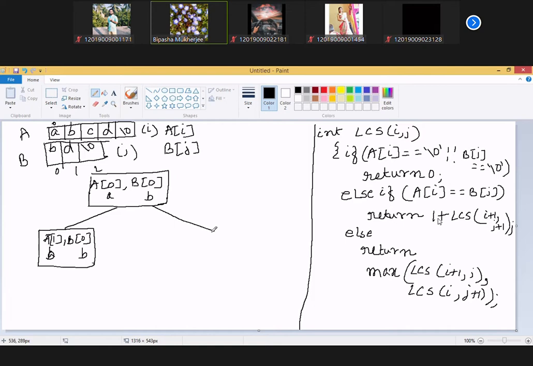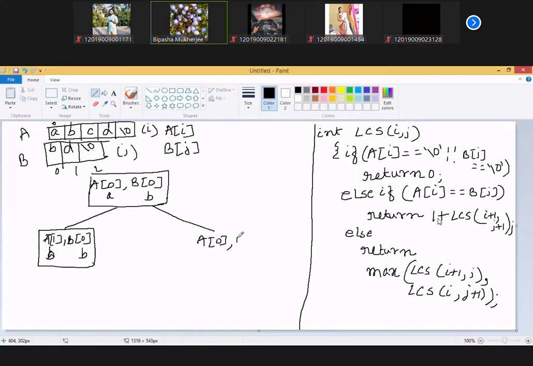And what about this phase? This will be, i will remain the same. So a of 0, b of 1, j plus 1. You take this, a of 0 was a, b of 1 is d.